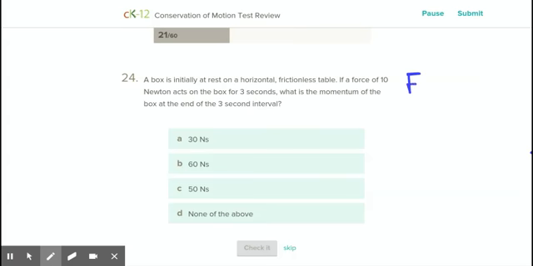So impulse is Ft equals m delta v. We have the force and the time, which is 10 times 3 seconds. Since we're looking at momentum at the end of the 3 seconds, you start at initial 0, and then your final is at 3. So basically, this is our final momentum, right? So your answer is 30.